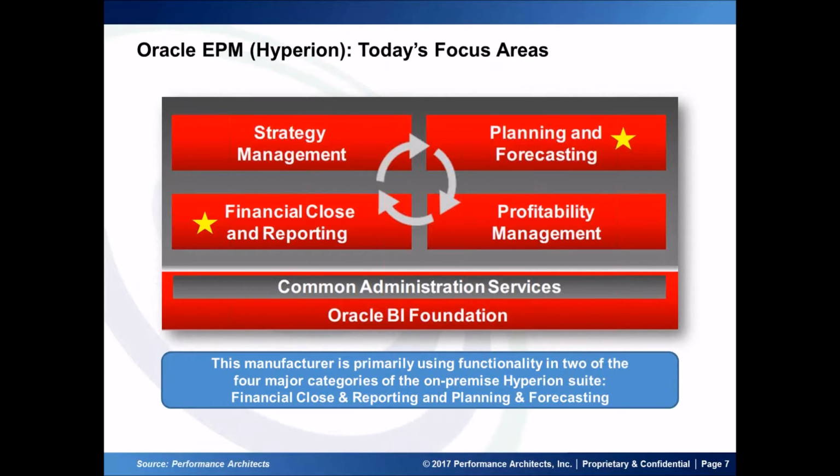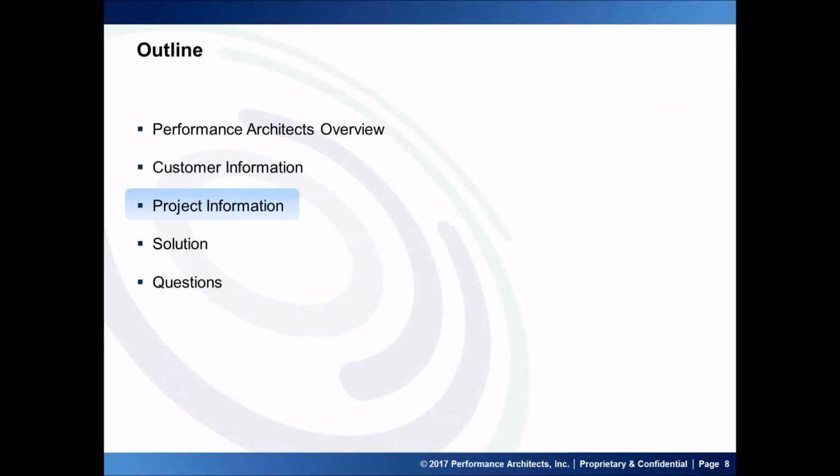The two primary items we're looking at here are planning and forecasting, which will be accomplished primarily by the Hyperion planning side, and then financial close and reporting, which is primarily happening through an Essbase side connected from the eBusiness Suite. So it's just one thing to keep in mind. They are using this for, based on this grid, half the items that we have here. So it's a pretty substantial user base.